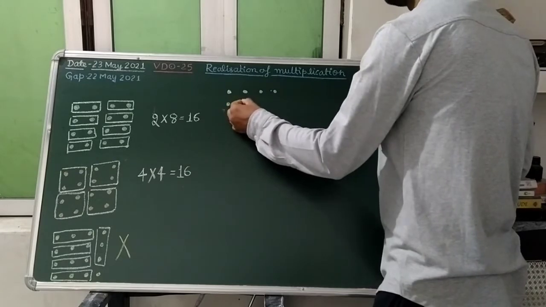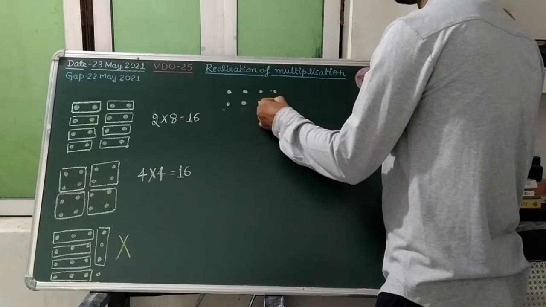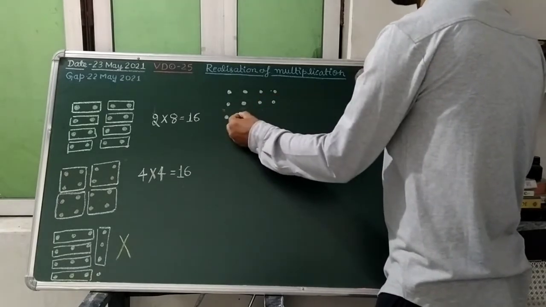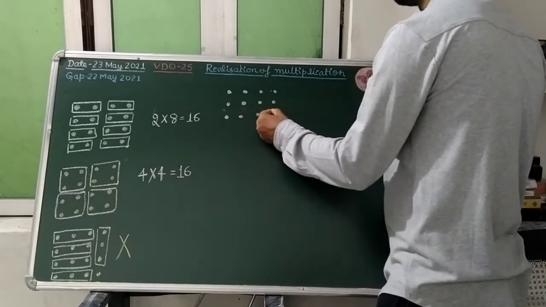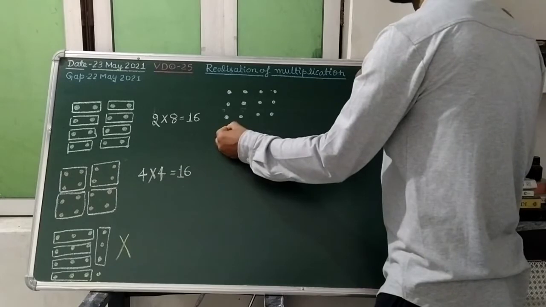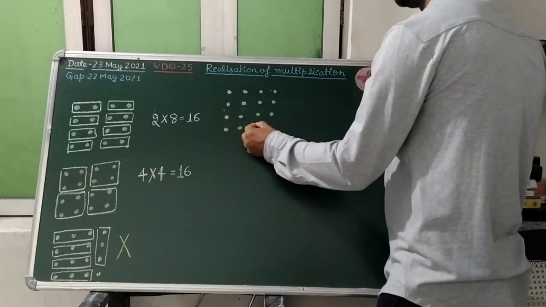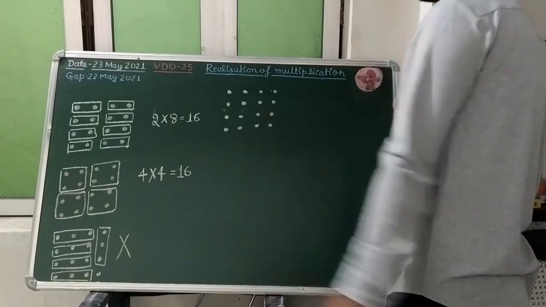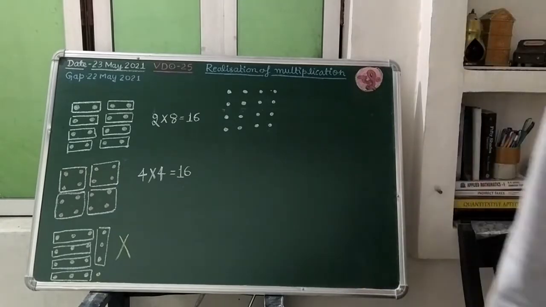So once again, if we want to observe it in terms of multiplication, how can we observe? Observe this array in terms of multiplication. Observe it.